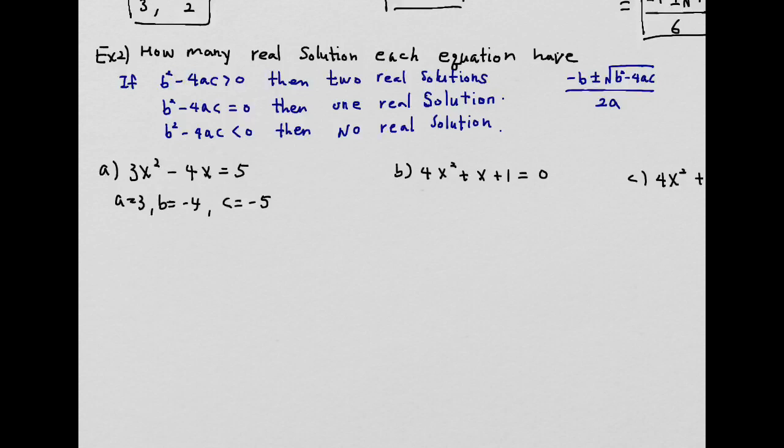And when we replace it into b squared minus 4 times a times c, you end up getting 16 minus negative 60. So it'll be plus 60, which is going to be greater than 0. So you're going to have two real solutions.